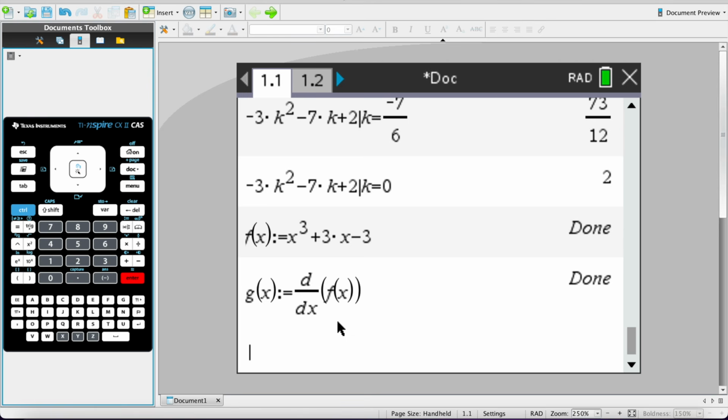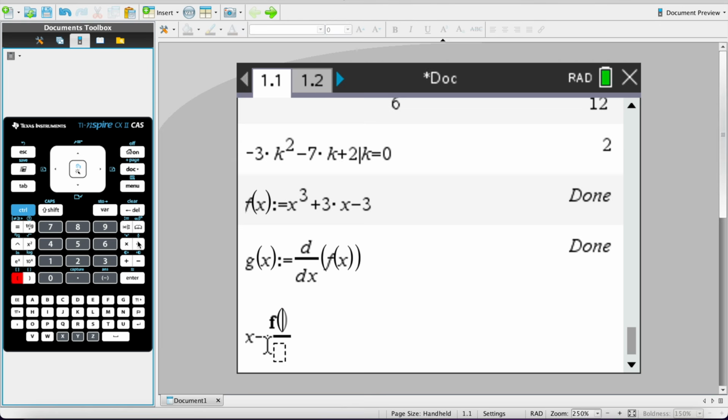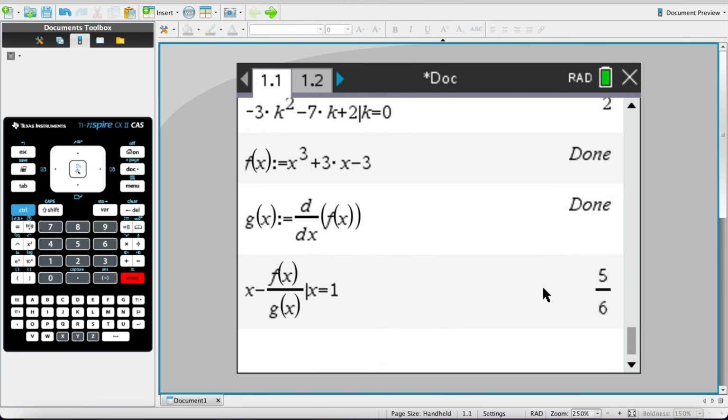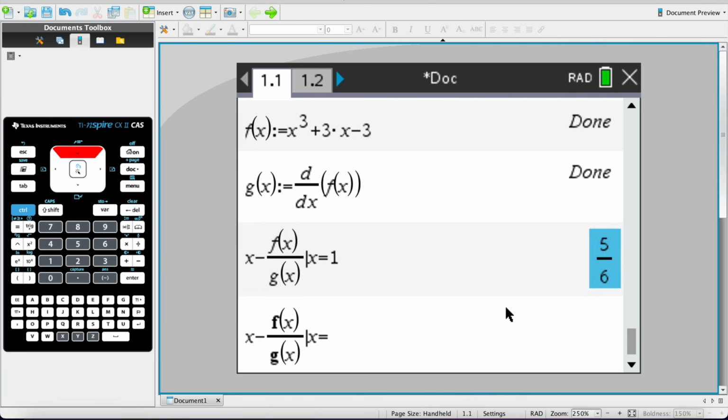And then we just need to start with 1. So this is x0. I'll write x minus f of x over f dash, or g, and put in x equal to 1. The reason I did that is because you can just keep entering that down and changing the value.